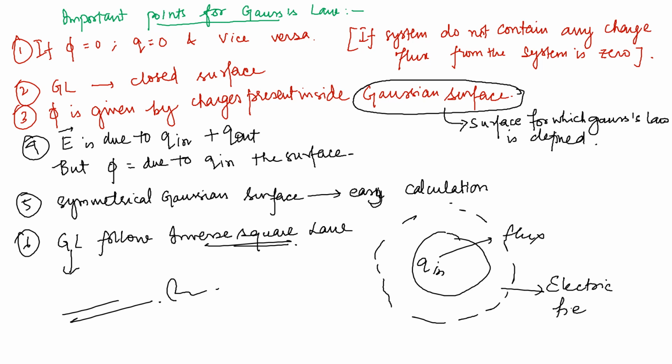So whenever someone asks you what is the electric field on this sphere, consider the charge outside and inside. But whenever the concept comes about the flux, never ever include the charge which is present outside the Gaussian surface. Only the charge inside the Gaussian surface should be considered when we are calculating the flux. This is the most important point, and here I have seen students making mistakes. So don't make such mistakes.